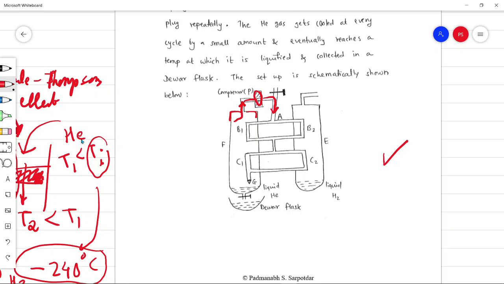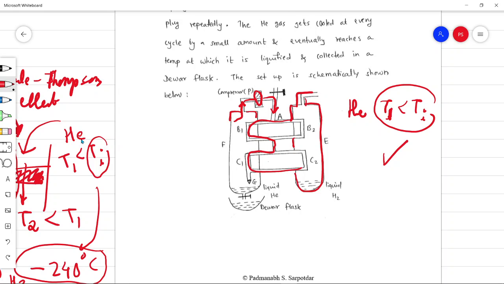Half of the tube structure is in contact with liquid hydrogen temperature, so that this helium has a temperature smaller than its inversion temperature. Once the helium is cooled below the inversion temperature, it is then provided at this plug G. Now this G is nothing but the porous plug.